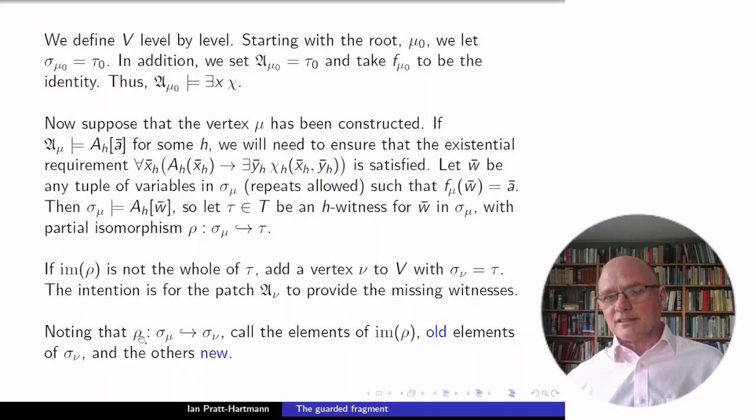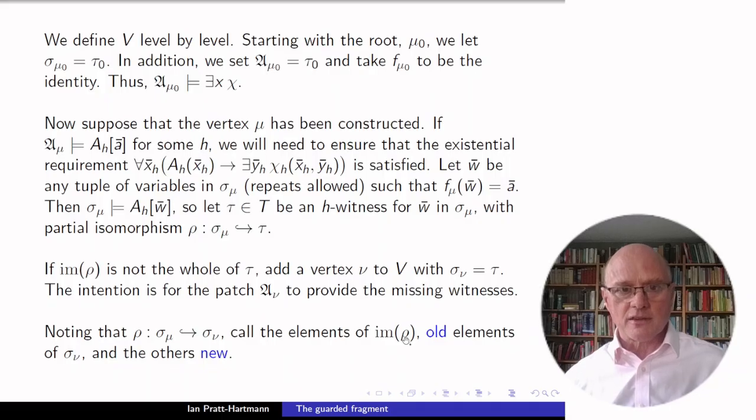The way we choose this type is we know that there's a type which provides an H witness because there are no bad types. So let's choose this type from T. Okay, so letting rho be the partial isomorphism mapping between sigma mu and sigma nu, that is to say tor, we'll call the elements of the image of rho the old elements of sigma nu, that is the old elements of tor, and all of the other elements new.